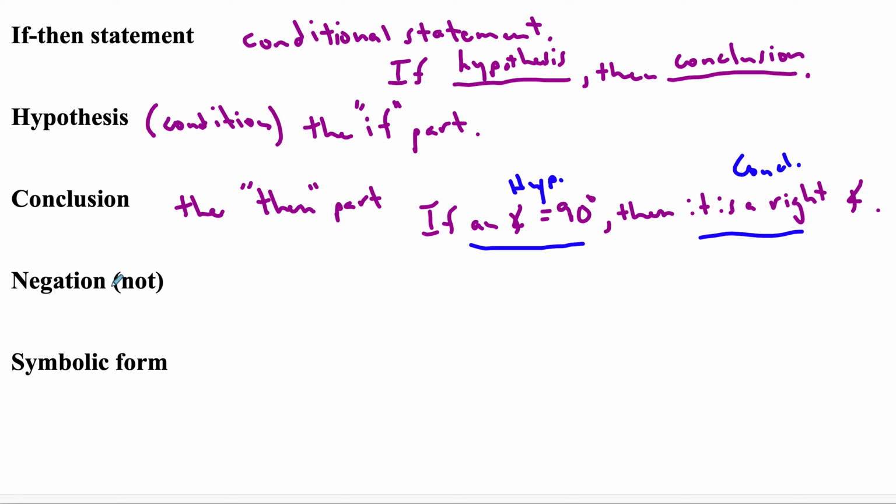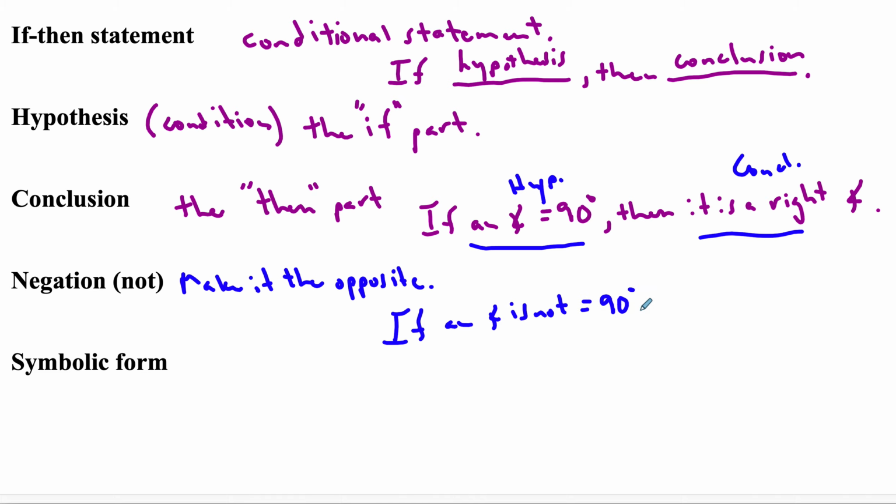Negation, or not. When we negate something, we make it the opposite. Now we're talking specifically about truth value, which we'll talk about in a second. An example of negation: if I have this, if an angle is equal to 90 degrees, the negation of that would be if an angle is not equal to 90 degrees.